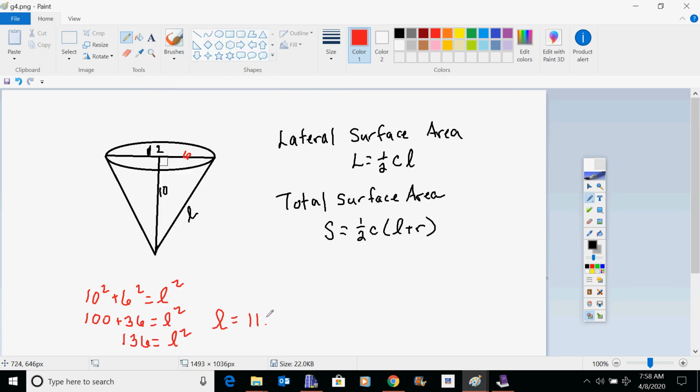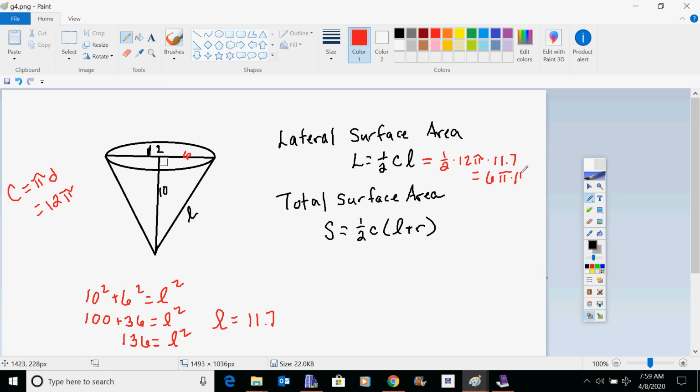Or about 11.7. And so once we have that, we need to find the circumference. Circumference is pi d or 2 pi r. I know the diameter, so I'm just going to say that's 12 pi. So I've got 1/2 of 12 pi times 11.7, which is 6 times pi times 11.7.